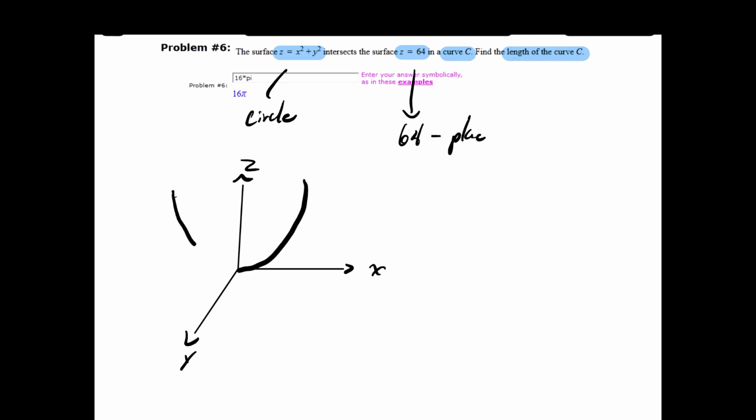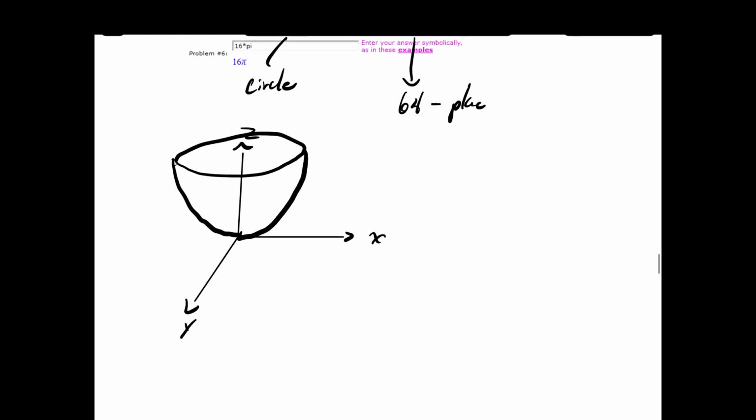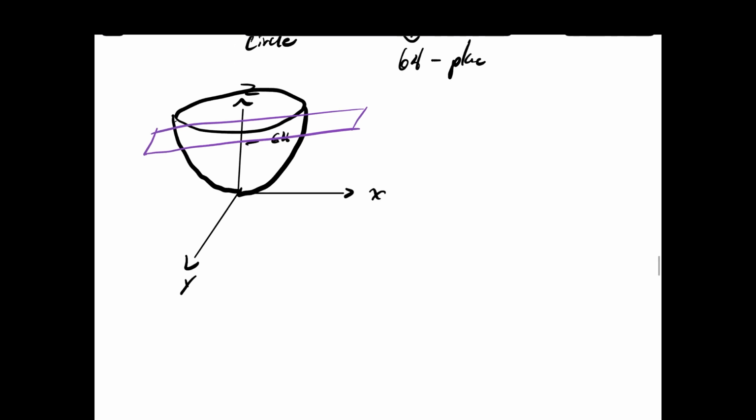And start up roughly the same thing here, and then we're going to draw an oval at the top, not like that. This is way harder than it looks. Okay, that's good enough. And we have our plane at 64. So that's the plane at 64.